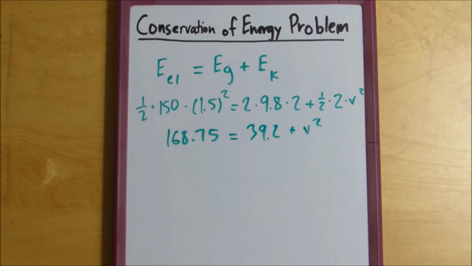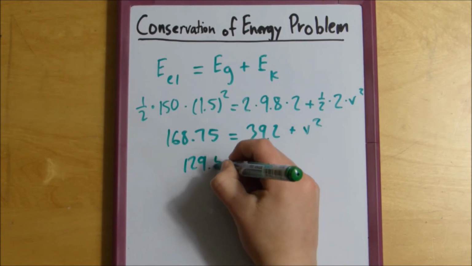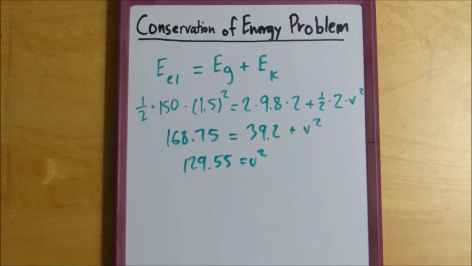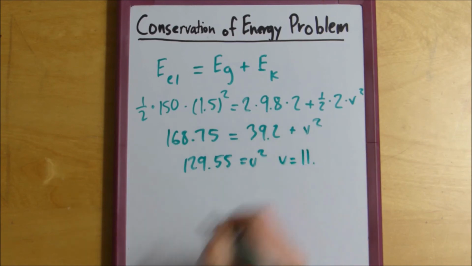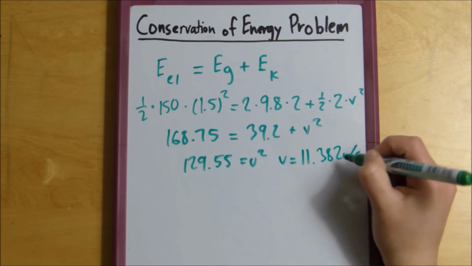Now we subtract this over to the other side, so we get velocity squared, and then we just take the square root. Velocity equals 11.382 meters per second.